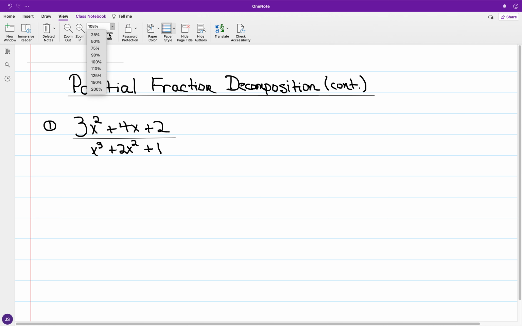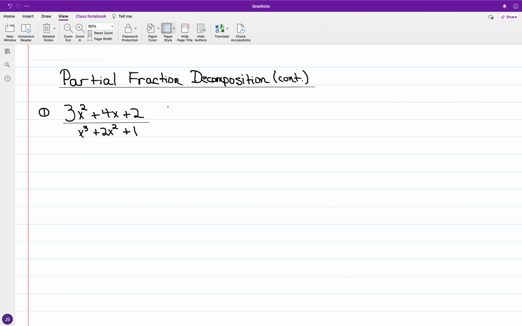For this item, we have 3x squared plus 4x plus 2 all over x cubed plus 2x squared plus 1. The denominator is an expression that can be factored.